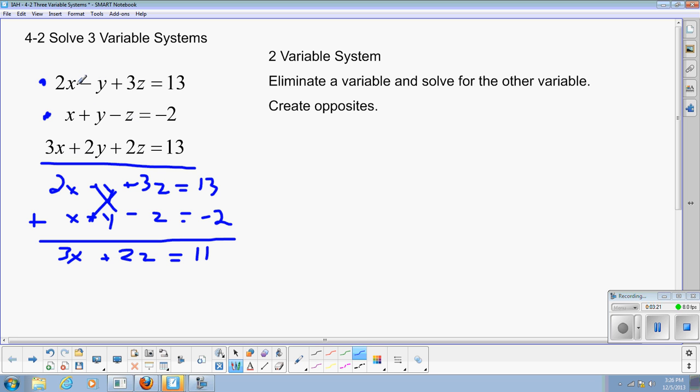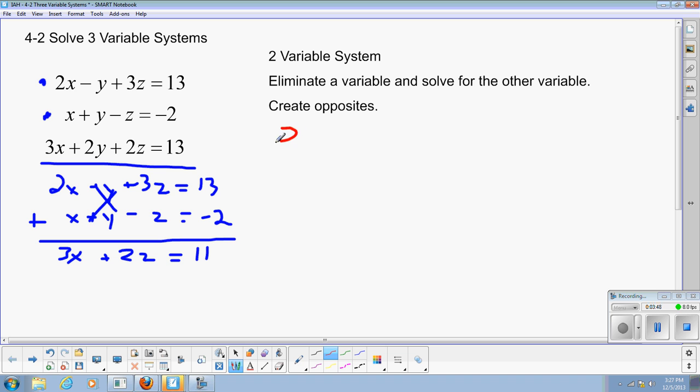So either I'm going to use the first one and the third one, or the second and the third one. To do this one now, what I'm going to look at is right here. I have a minus y in the first equation and a plus 2y in the third equation. These are opposite signs. So that's going to allow me to do some multiplying and some eliminating very quickly.